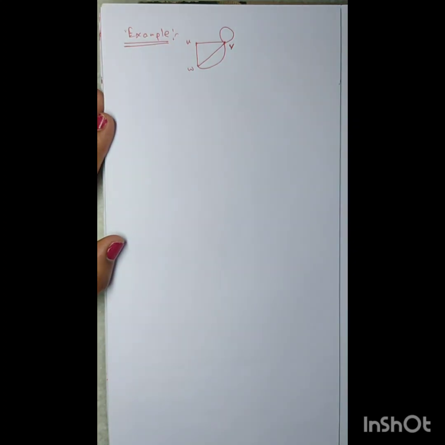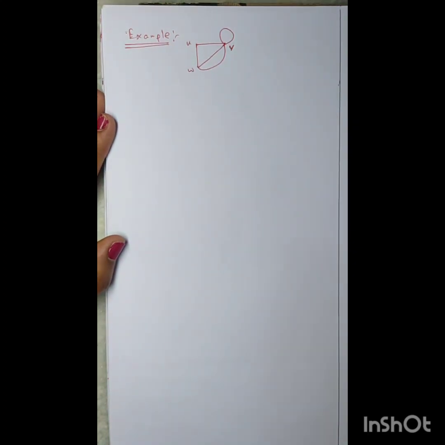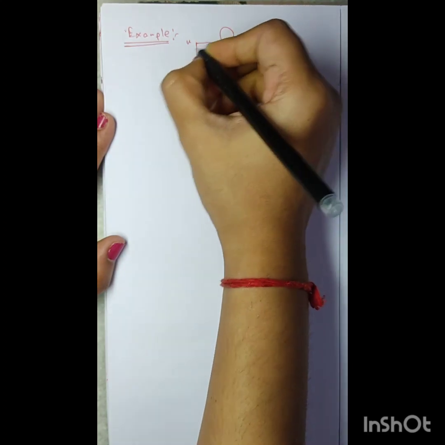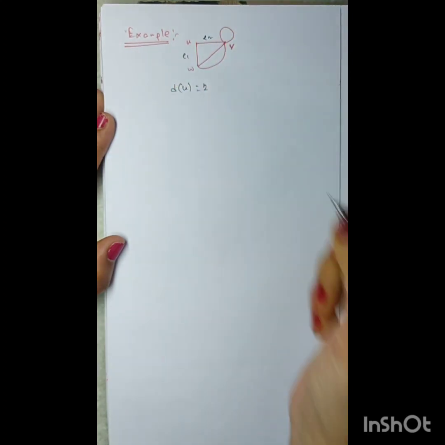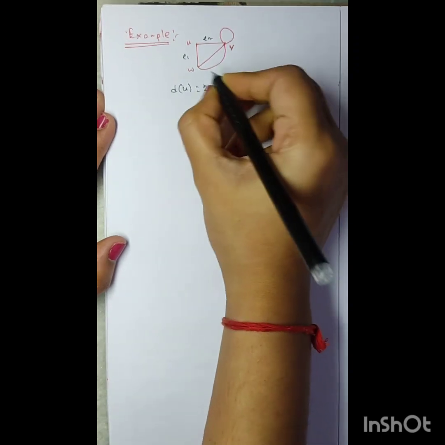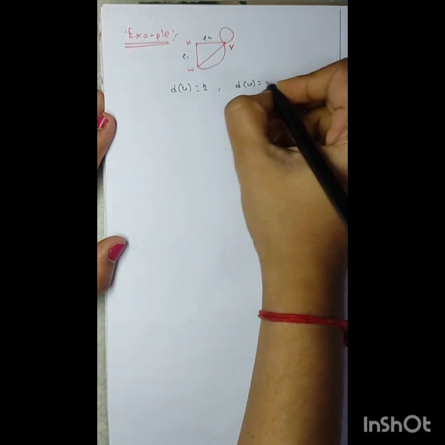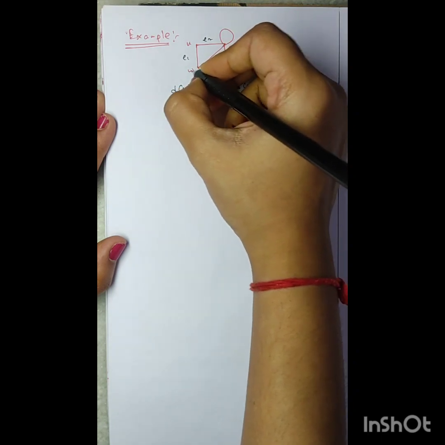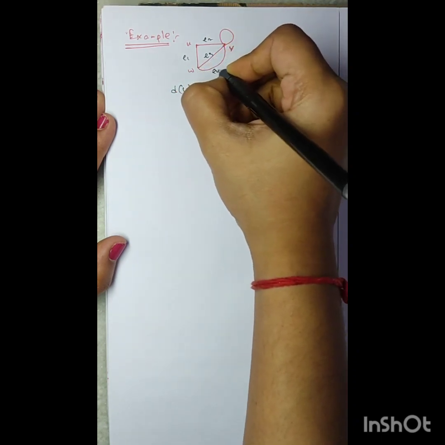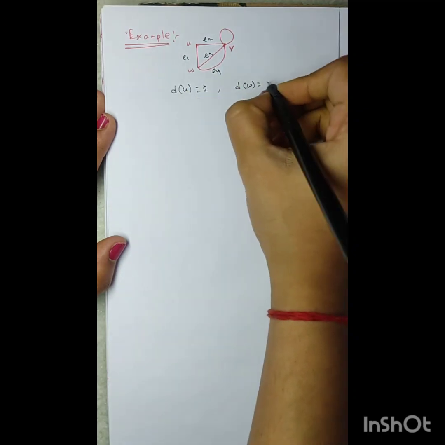So simply the degree of u is 2 because there are only two edges, e1 and e2. Now what is the degree of w? The degree of w is also easy to count. It is 3 because 3 edges are incident on w, and let us call this e3 and this e4.